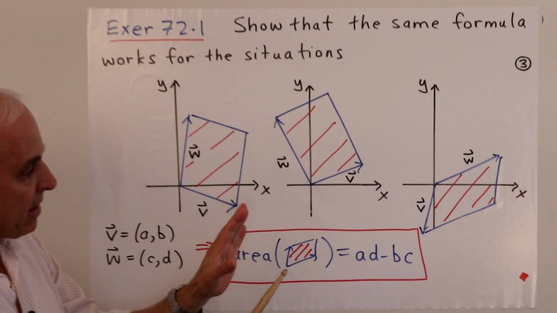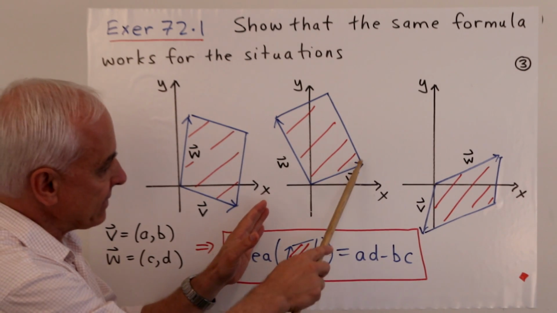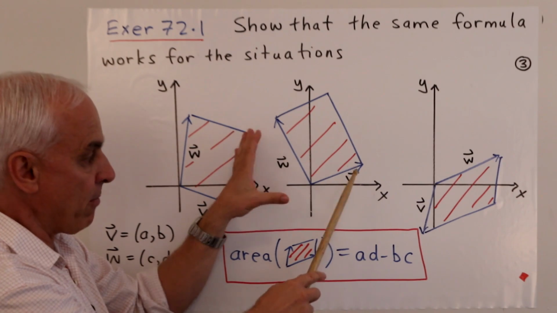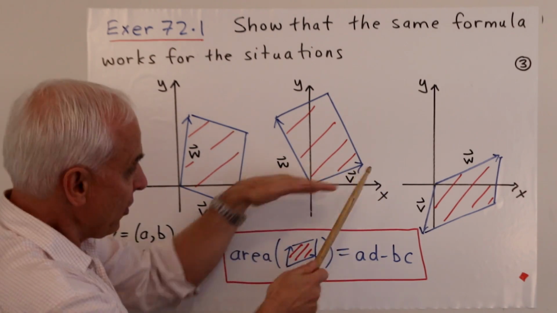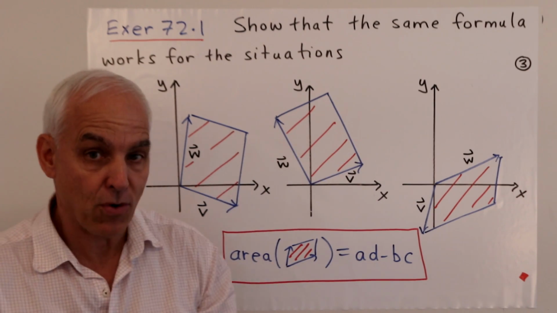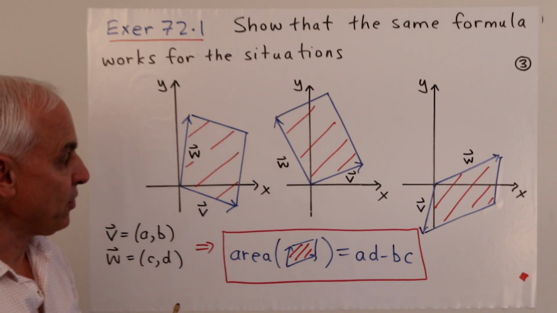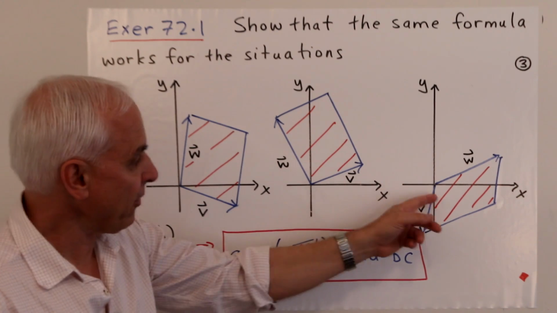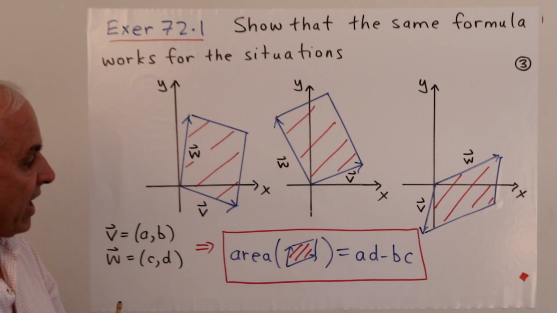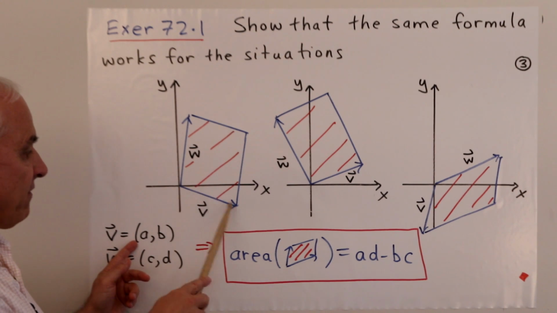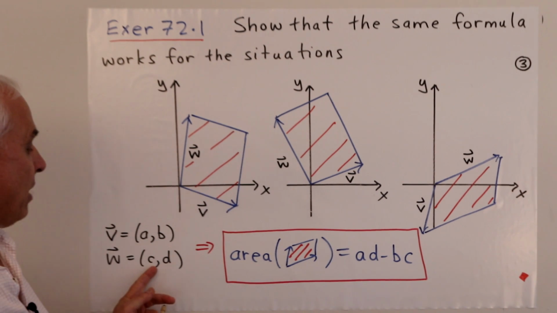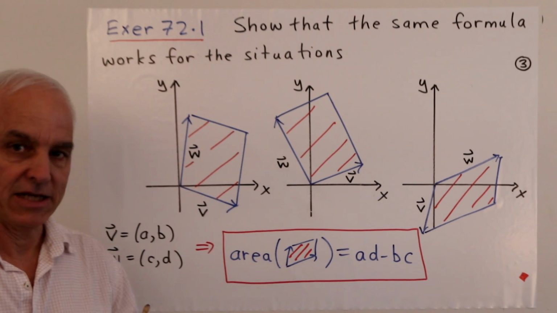So by making appropriate subdivisions and comparing them with standard rectangles and triangles whose sides are aligned with the coordinate axes, see if you can extract that the area of the parallelogram in each of these kinds of cases is AD minus BC, assuming that v is the vector AB and w is the vector CD.